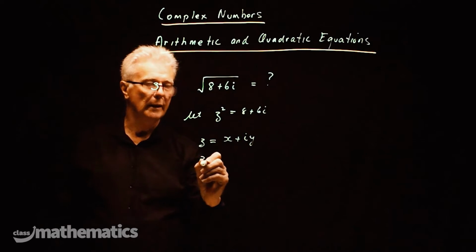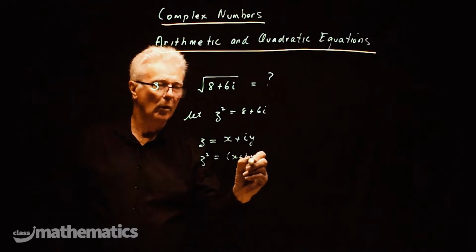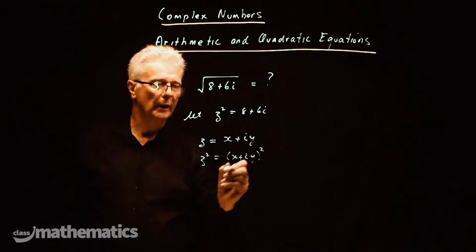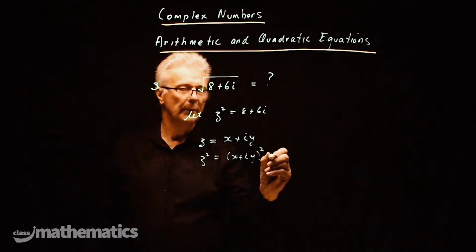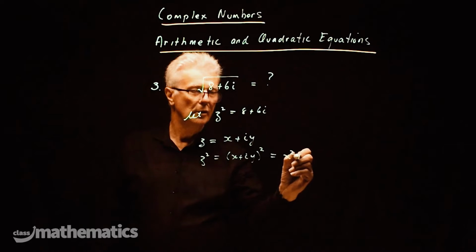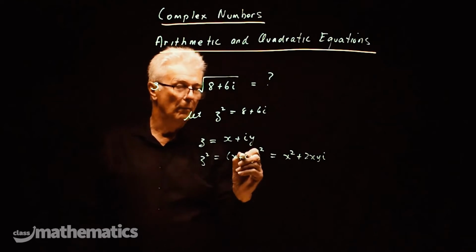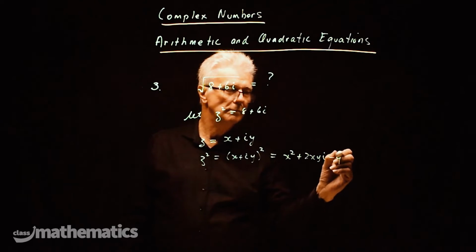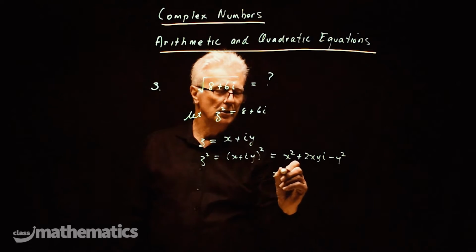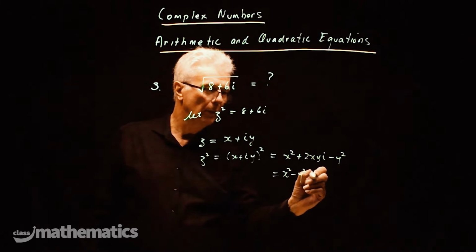So z squared is equal to x plus iy all squared, which gives me x squared plus 2xyi minus y squared.